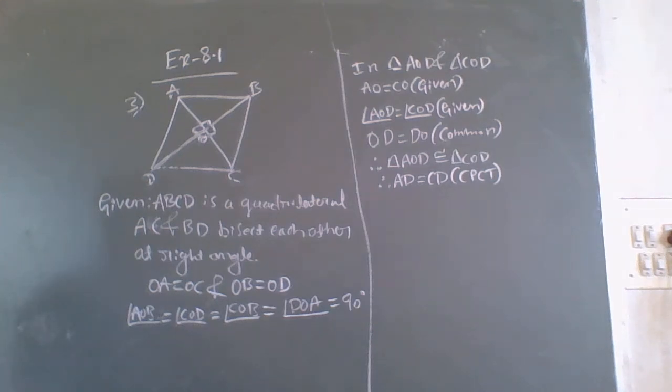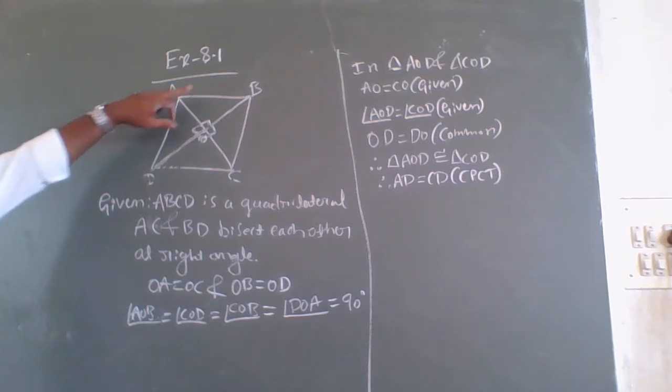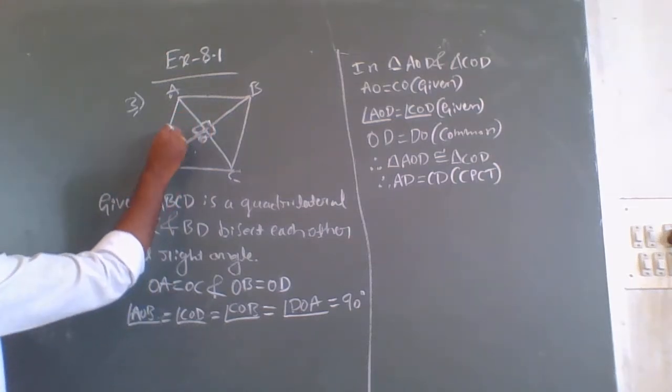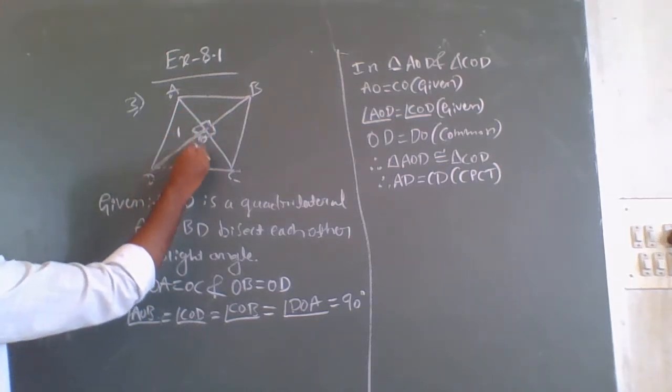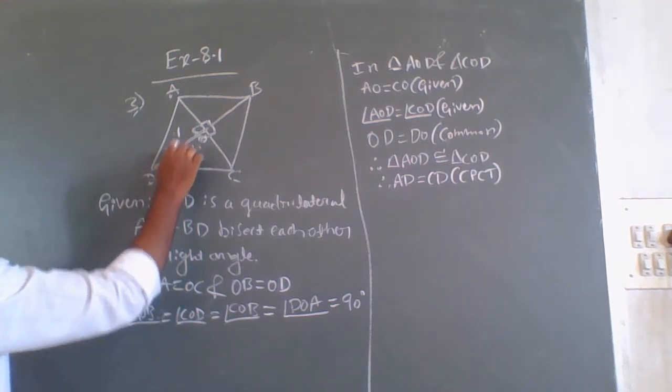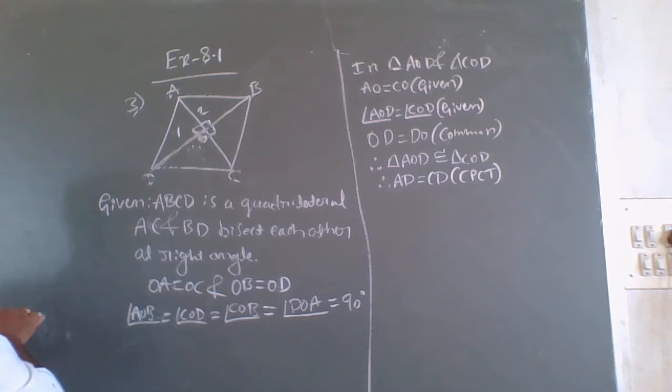So similarly, what can we write here? Similarly, we can prove AD is equal to AB. If you consider these two triangles, this triangle and this triangle, what can you prove?